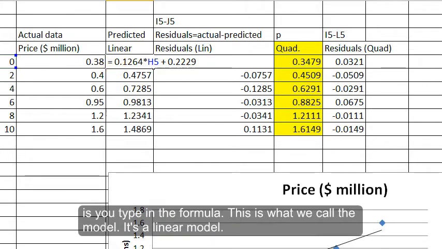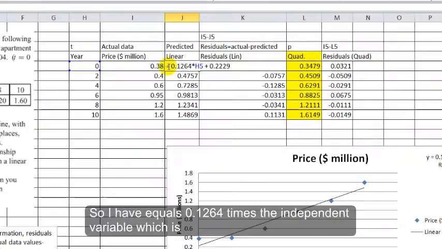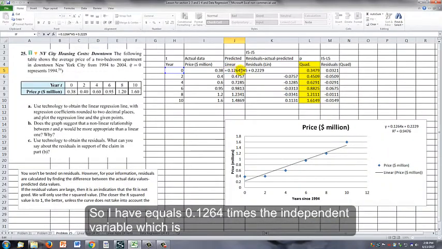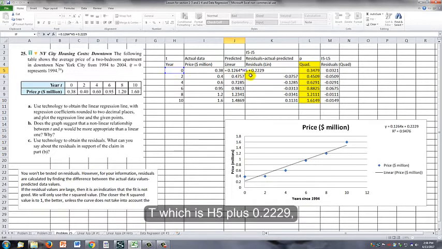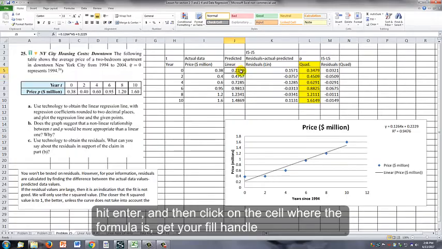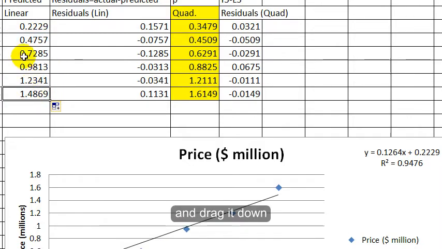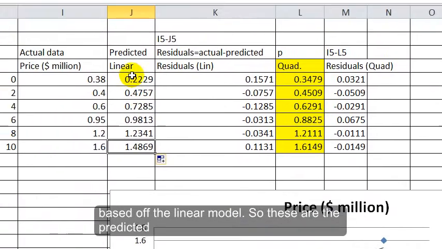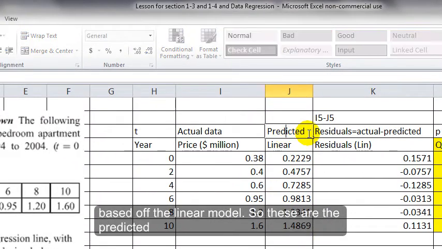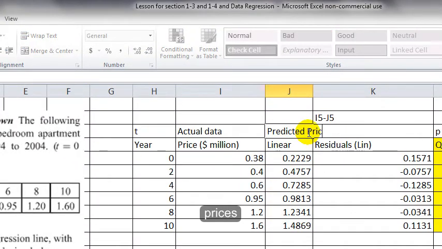This is what we call the model. It's a linear model. So I have equals 0.1264 times the independent variable, which is t, which is H5, plus 0.2229. Hit enter, and then click on the cell where the formula is, get your fill handle, and drag it down. And these are now predicted prices based off the linear model. So these are the predicted prices in millions.